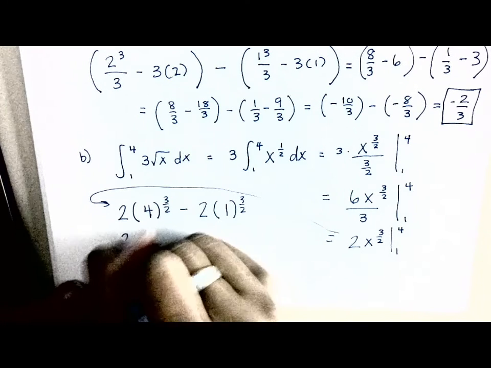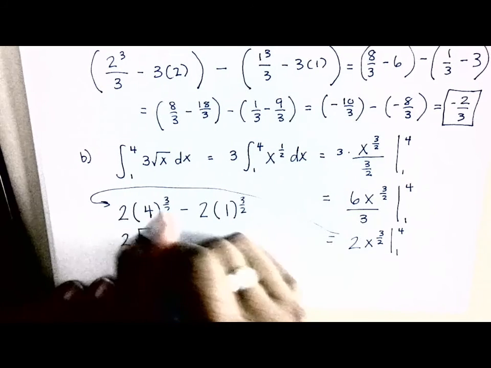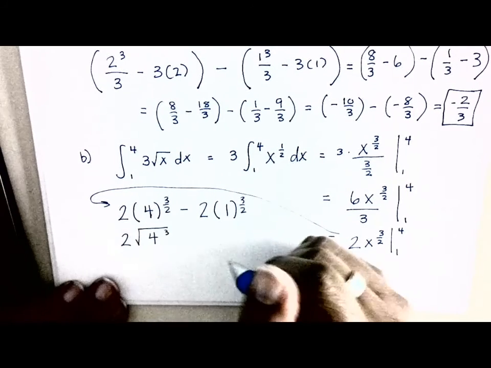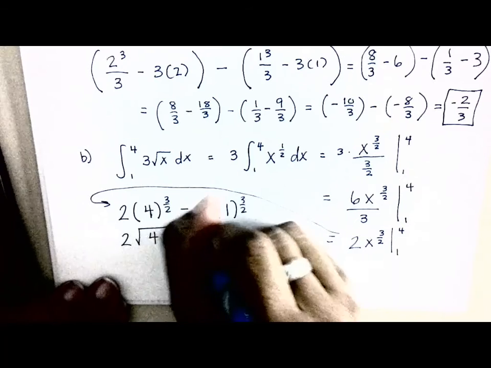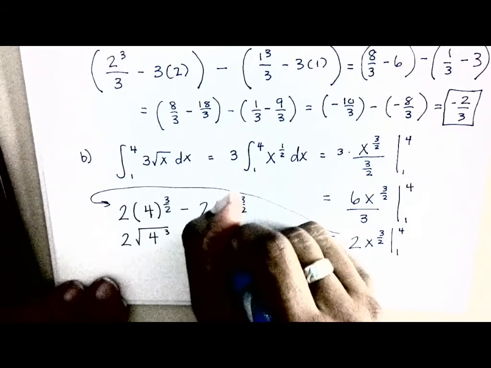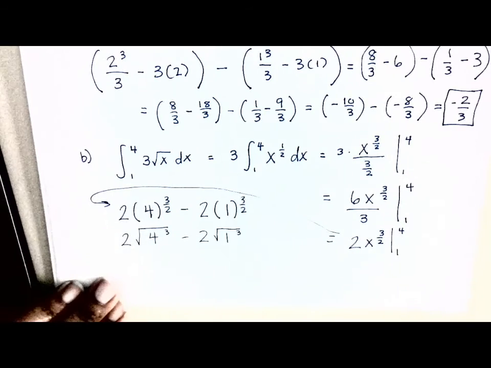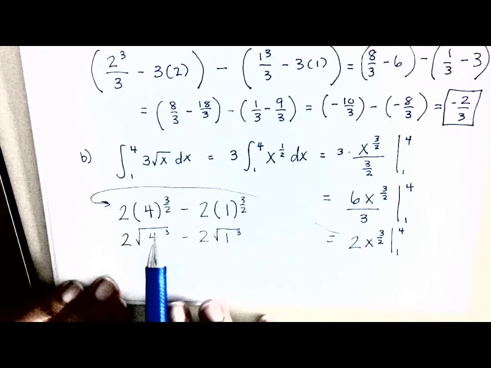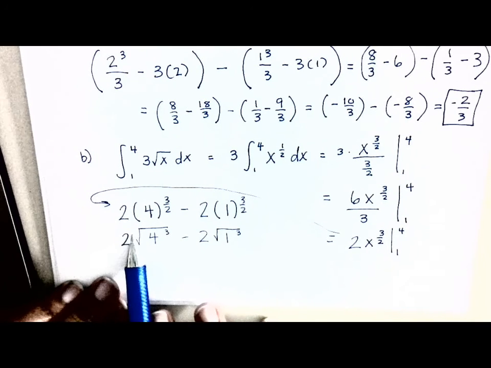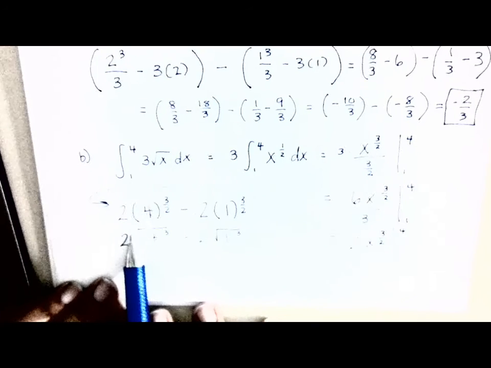Okay? So 2 square root of 4 cubed minus 2 square root of 1 cubed. So square root of 4 is 2. 2 cubed is 8.